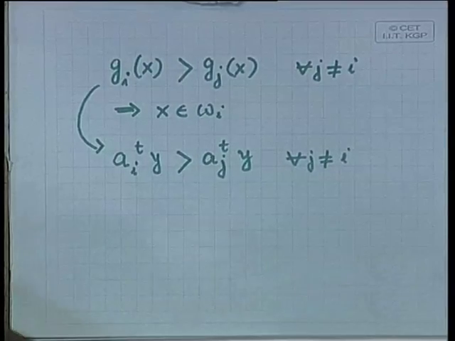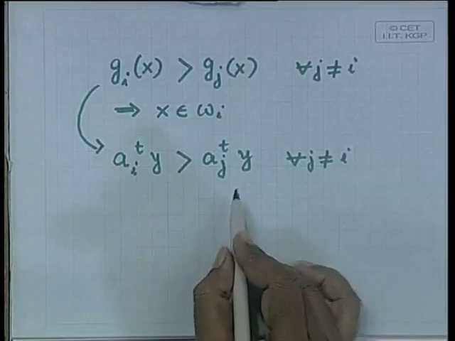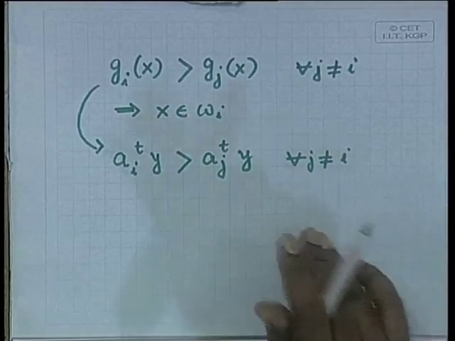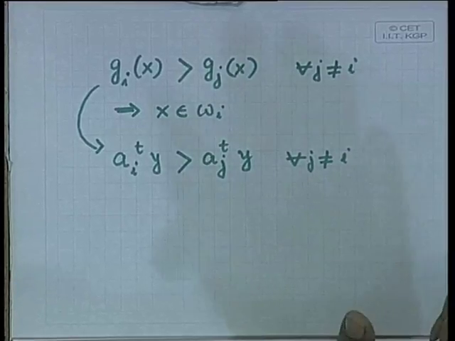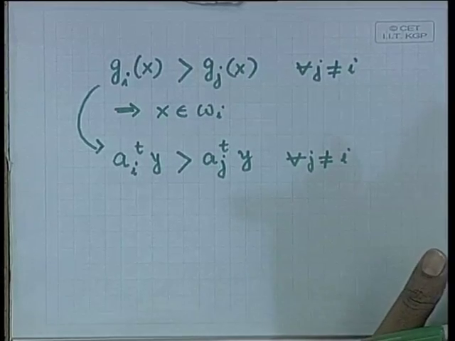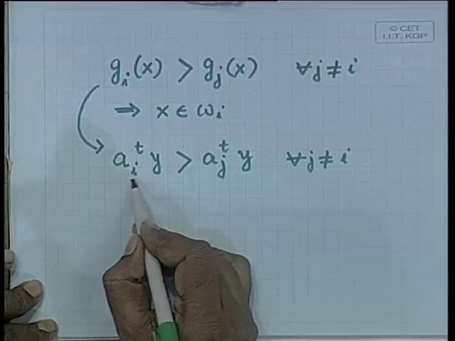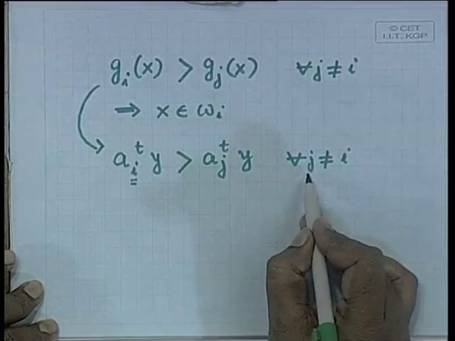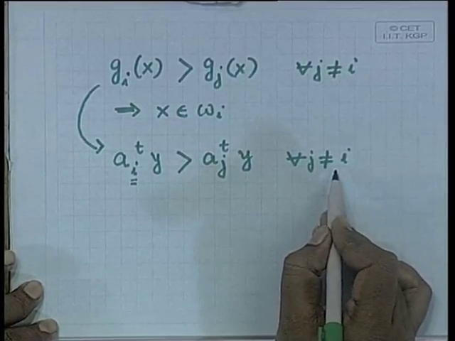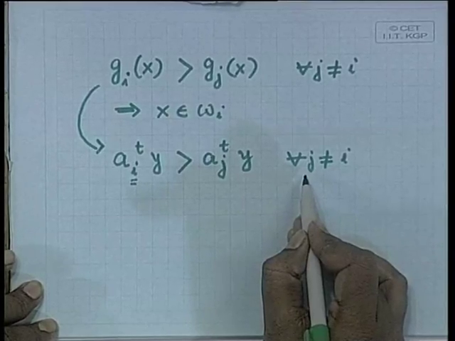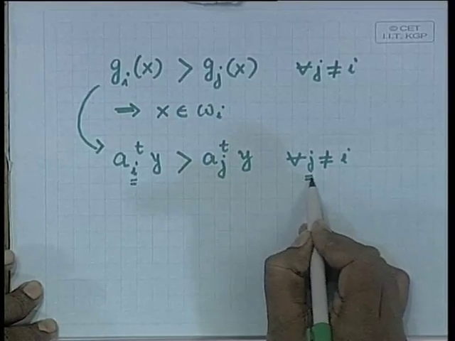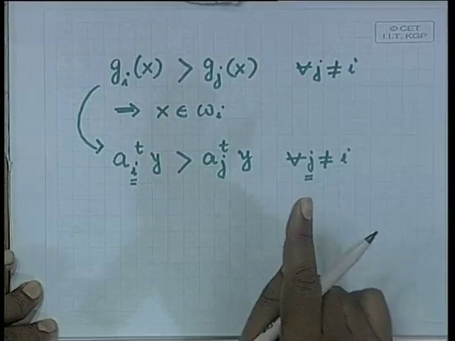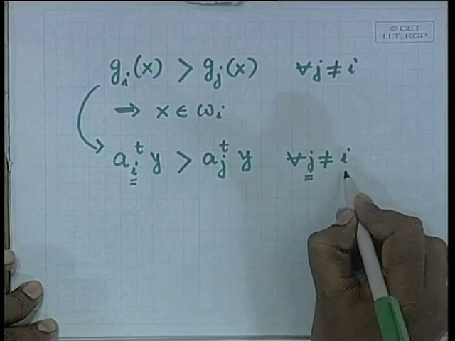That is the condition that the augmented sample y belongs to class omega i. Since we have C classes, i and j can vary from 1 to C. For a particular value of i, j will assume every value from 1 to C except i.